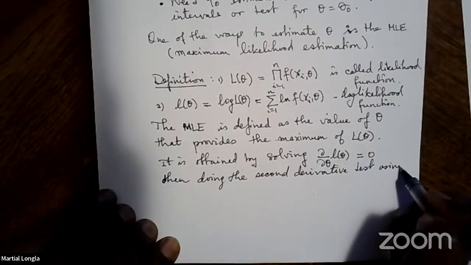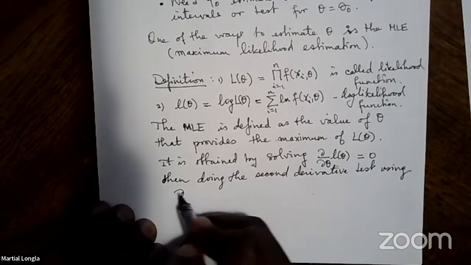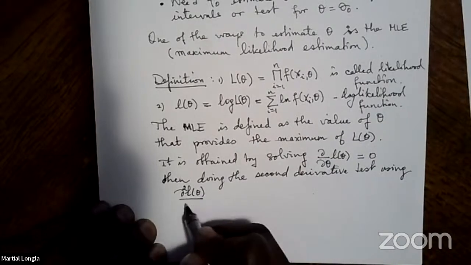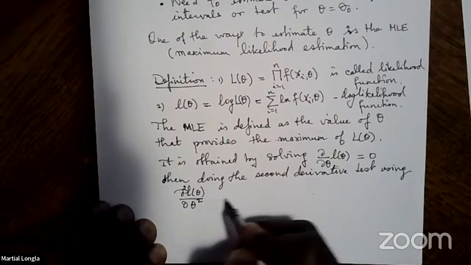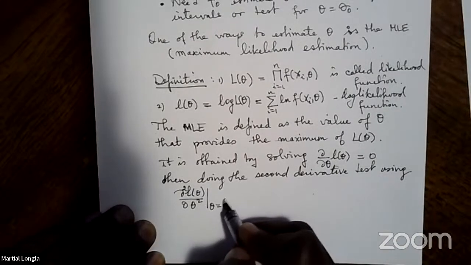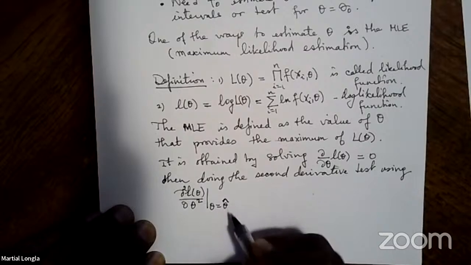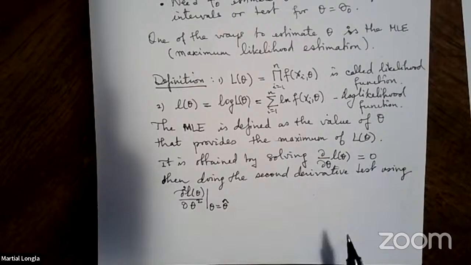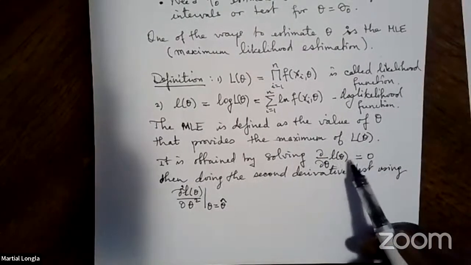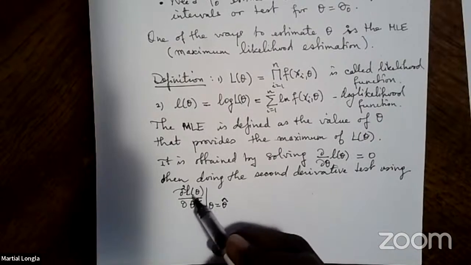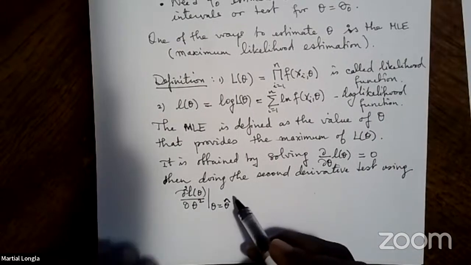Using d2l of theta over d theta squared at theta equals theta hat, which is the solution of that. So when you solve this equation, the solution that you find, if you call it theta hat, you take the second derivative, do the second derivative test.